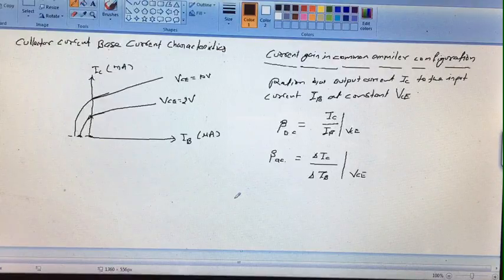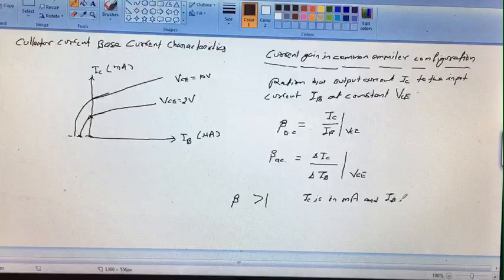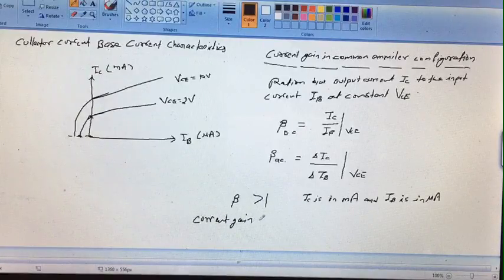So that's why beta is always larger than 1, and it is very large because IC is in milliampere and IB is in microampere. So current gain in common emitter configuration is larger.